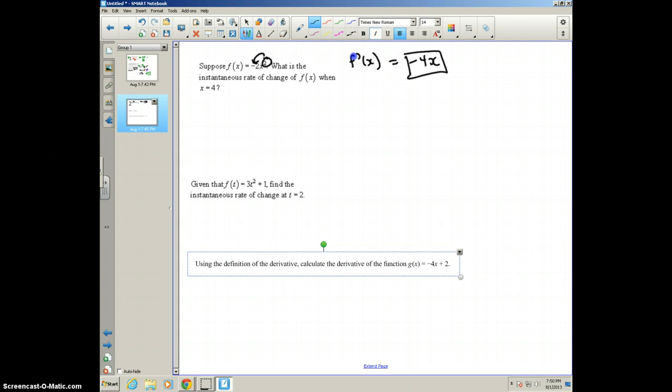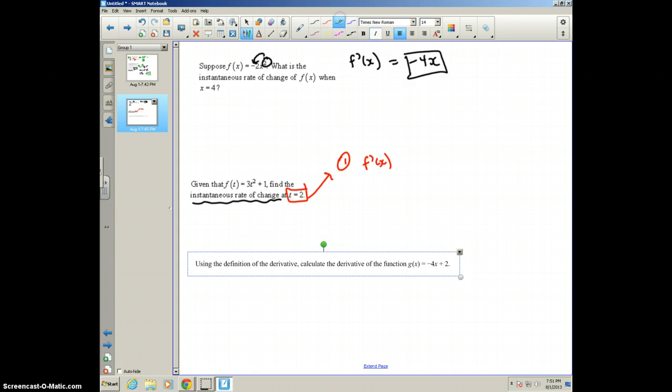The next problem: given that f of t equals 3t squared plus 1, find the instantaneous rate of change at t equals 2. So again, we are going to find the derivative. This is a two-step problem. First, we have to find f prime x, and then we're going to plug t equals 2 into the derivative.